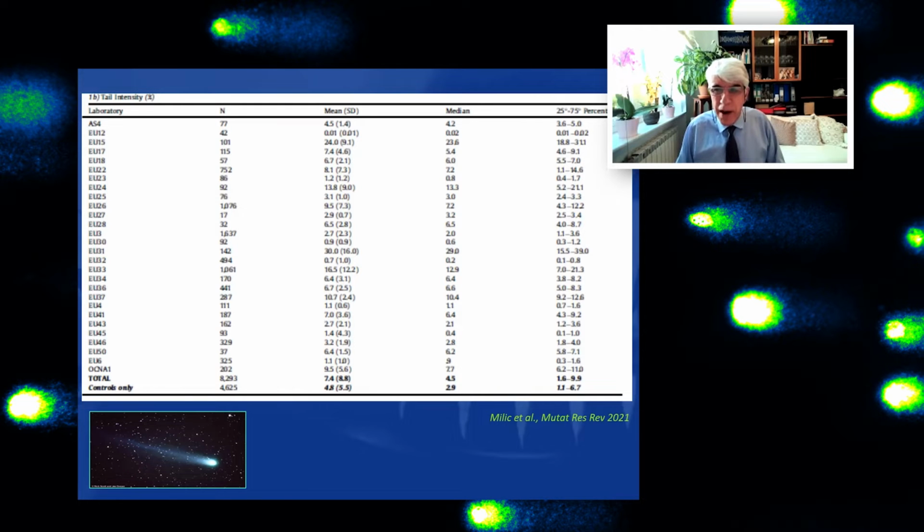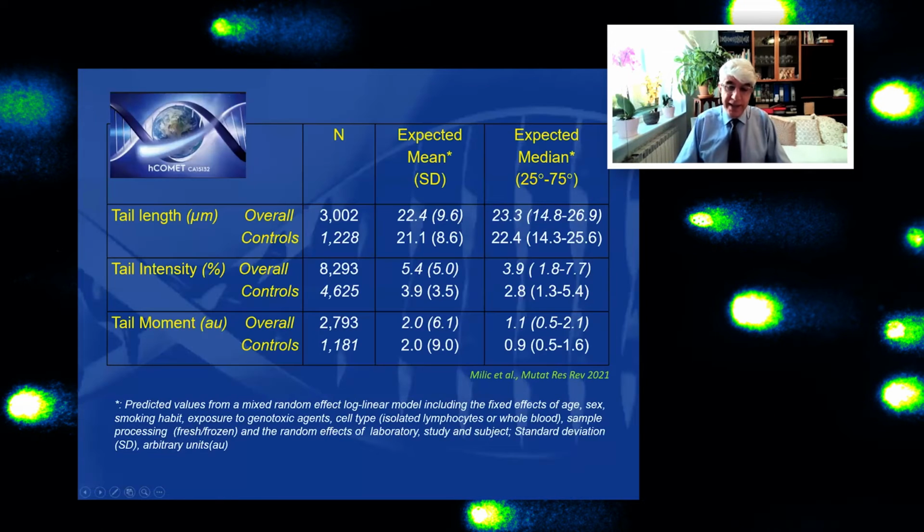We've provided results for all the endpoints, but we concentrated on tail intensity, which is more robust in terms of mechanistic evidence, but is also the most popular. And we were able to put together 8,000 subjects scored with the COMET assay for tail intensity.